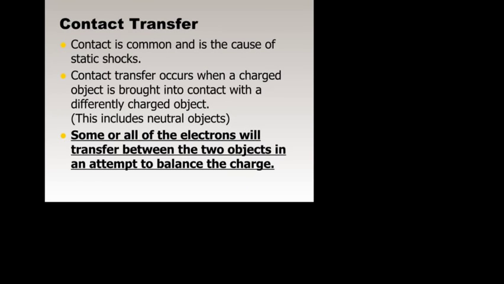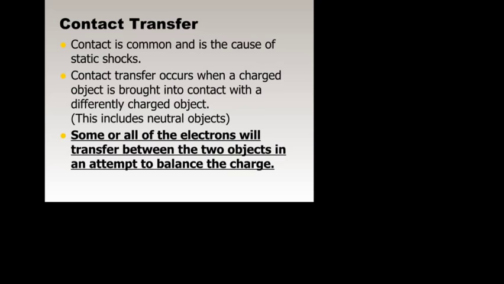So the second way that objects can gain a charge is through contact. When you have contact charging, you can get static shocks. So contact transfer occurs when a charged object is brought into contact with another object that has a different charge.